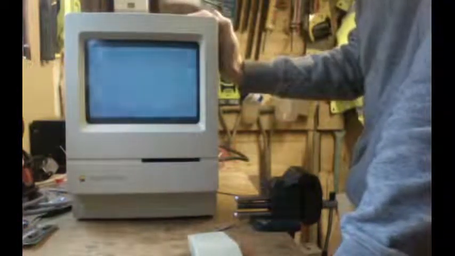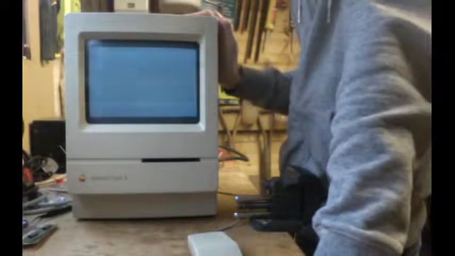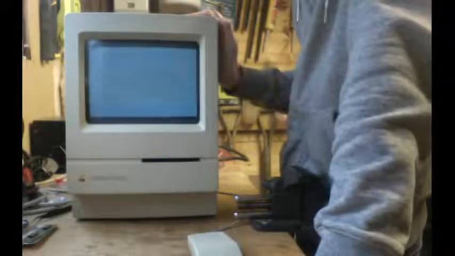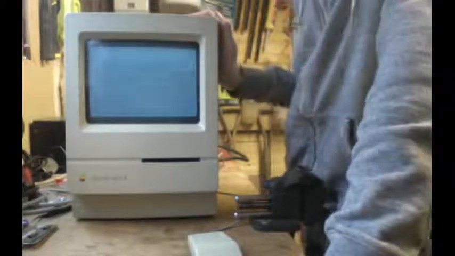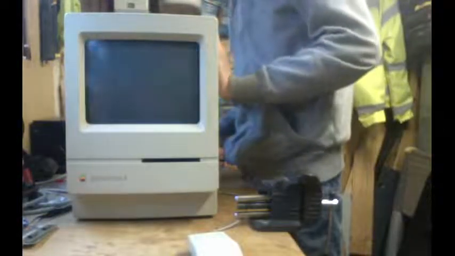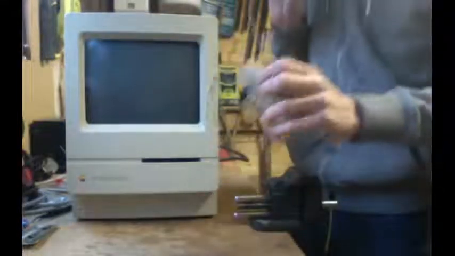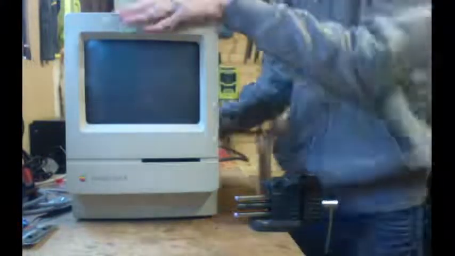It's not completely had it. I can still have a functional computer as long as I don't have the RAM in it. Yeah, it's doing the same thing again, so I'm just going to assume the VLSI chip is 100% responsible for the memory management.